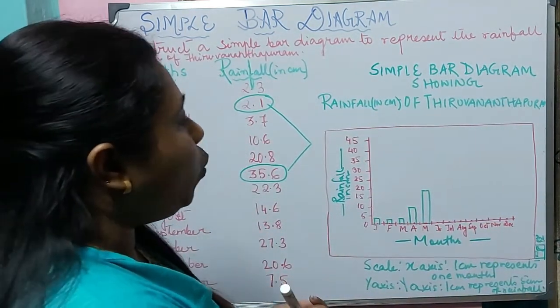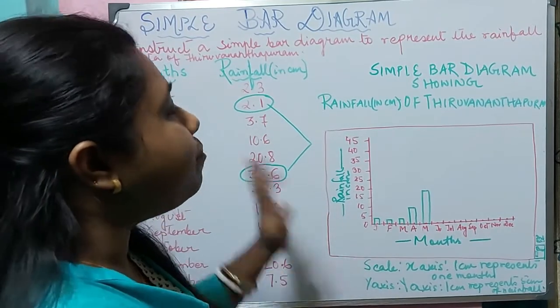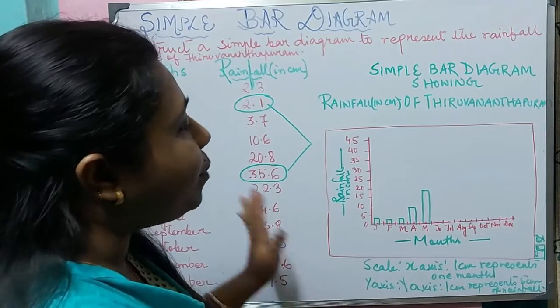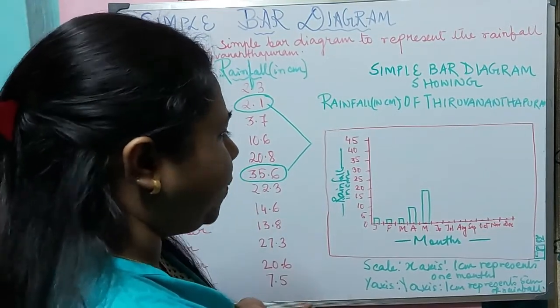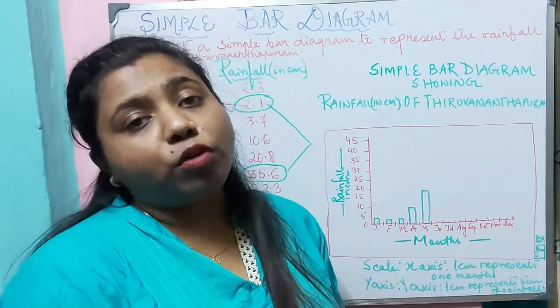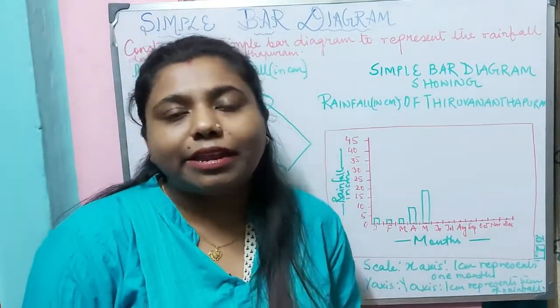So this way we need to draw the simple bar diagram, and this is to be done on a plain paper, or it can be in a rule paper also. We can also compute the simple bar diagram with the help of a graph, which we will do in the next video.